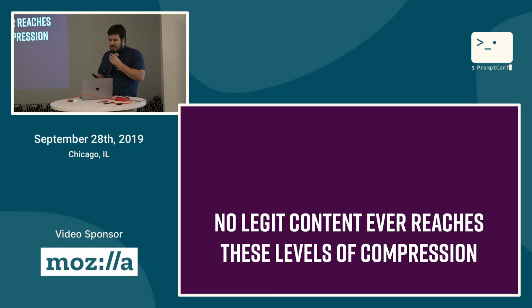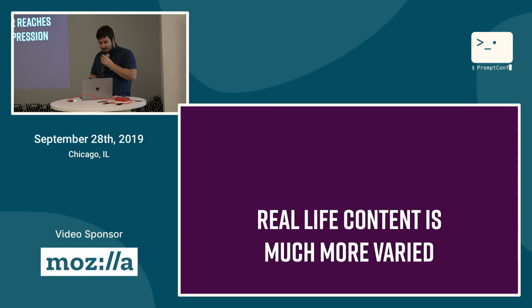So the only kind of data that can get this small from being that large is repetitive, non-real-world data like we saw there. So that's how antivirus tools and other computer tools detect this sort of thing. But it hasn't stopped people from finding joy in creating these interesting challenges for us. Yeah, so real-life content is much more varied, and it's really pretty easy to distinguish nonsense like what we saw on the slide earlier from people's vacation photos that they want to compress and send across the internet.